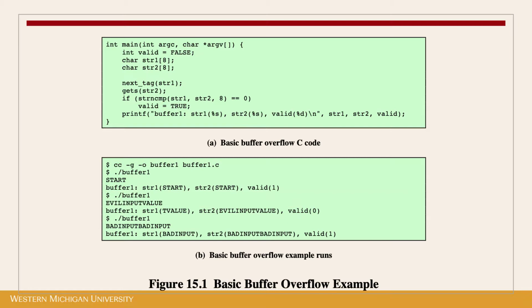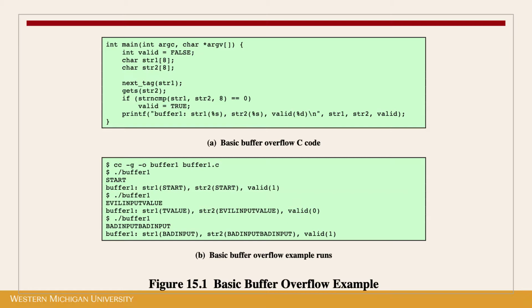So let's take a look at some really basic example of an overflow vulnerability in C code. We've just got this tiny little thing. It's just a main, right? We're not going to complicate this too much. We're just going to compare two strings. We have one string, string 1, which is already set to a value of start.